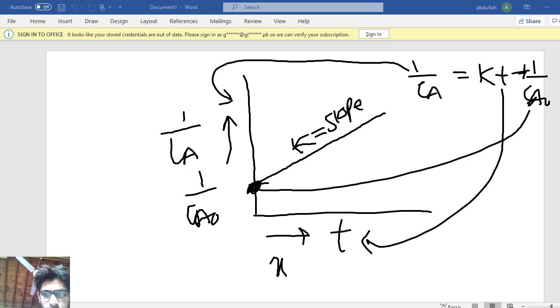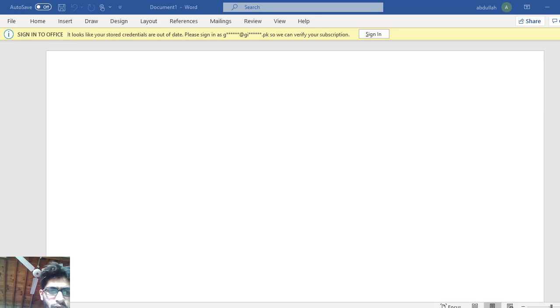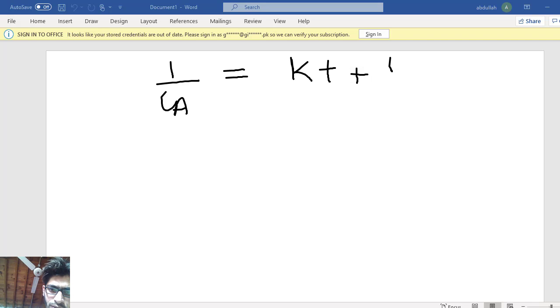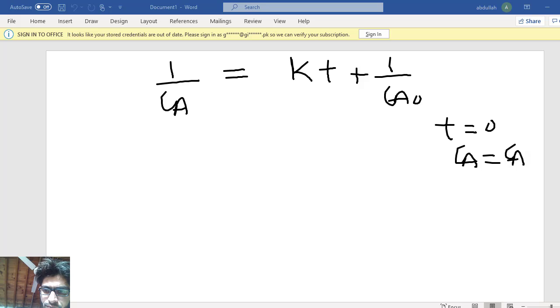Now what will be the half-life for the second order reaction? As we know, the integrated rate law for the second order reaction is 1 over C_A equals kt, rate constant into time, plus 1 divided by the initial concentration of A. At time t equal to 0, C_A is equal to C_A naught.